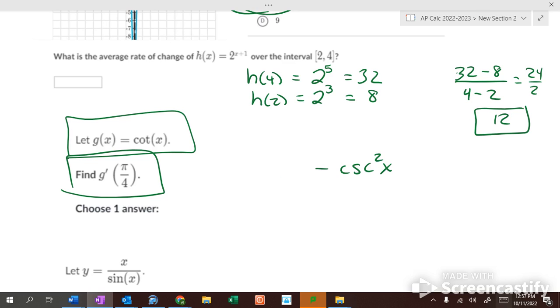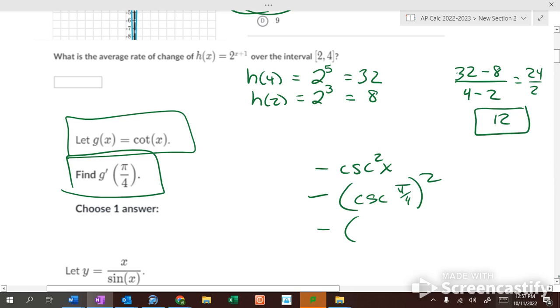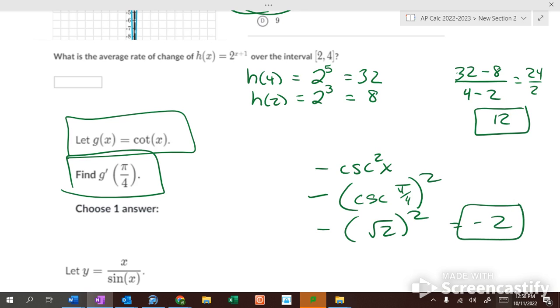So it's negative cosecant squared. So it's negative the cosecant of pi over 4 squared. The cosecant at pi over 4 is 2 over the square root of 2, or just square root of 2, right? So the negative of the square root of 2 squared is negative 2.